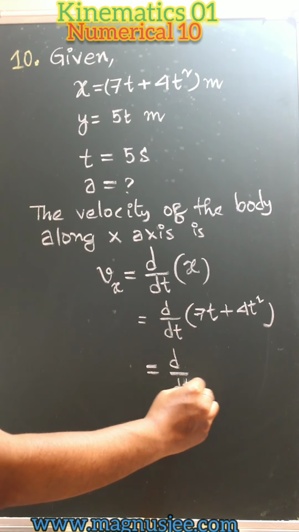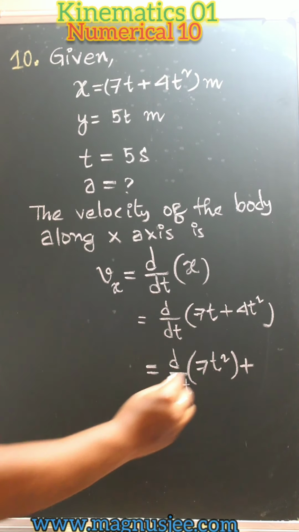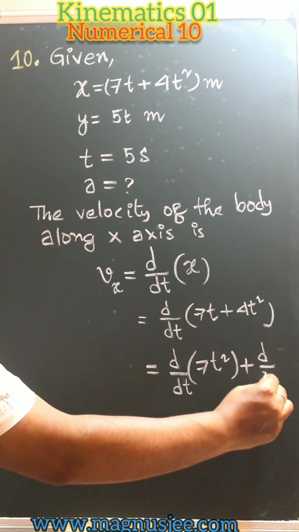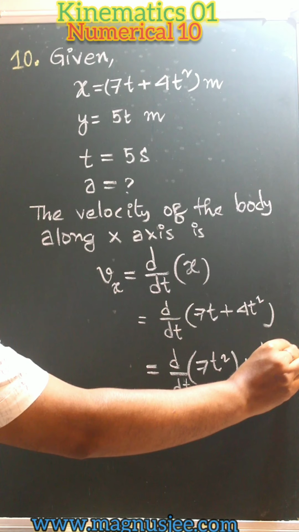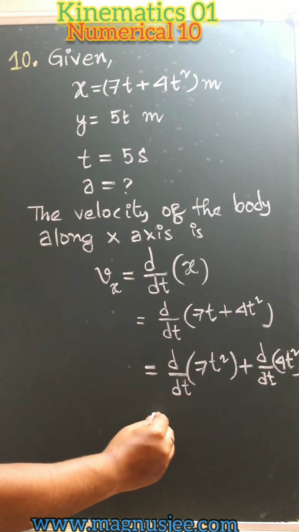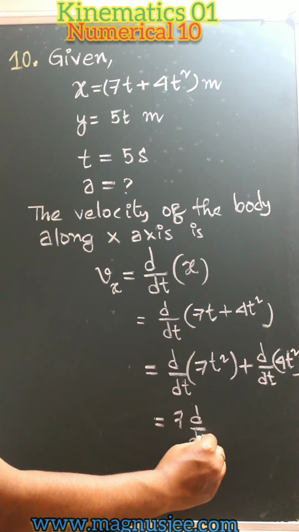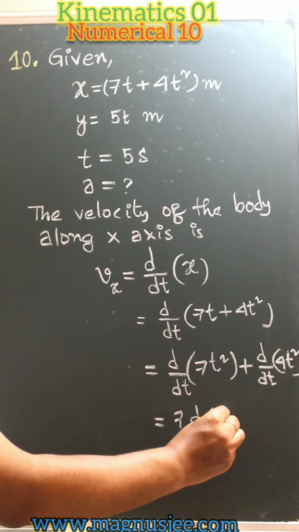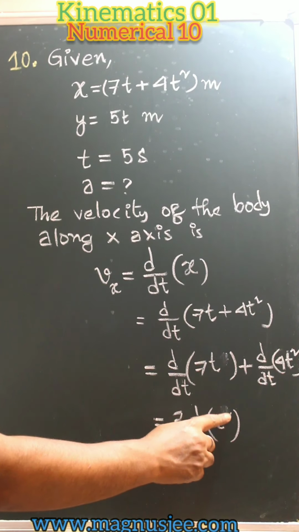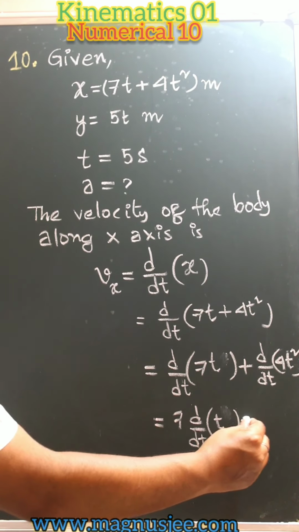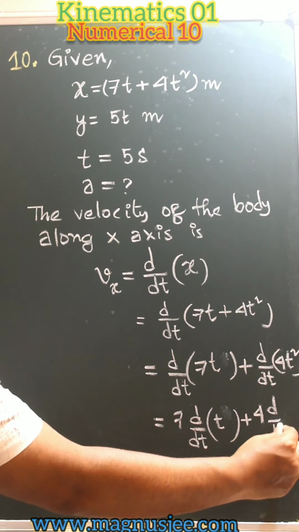d by dt of 7t plus d by dt of 4t square. It should be 7t, not 7t square. So 7 d by dt of t, and plus 4 d by dt of t square.